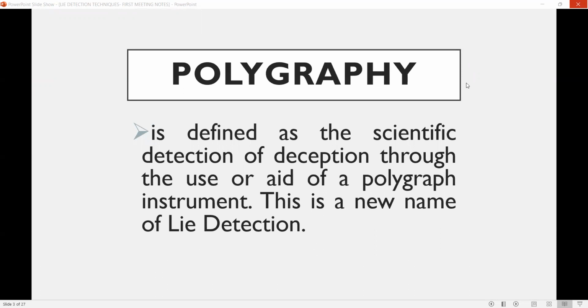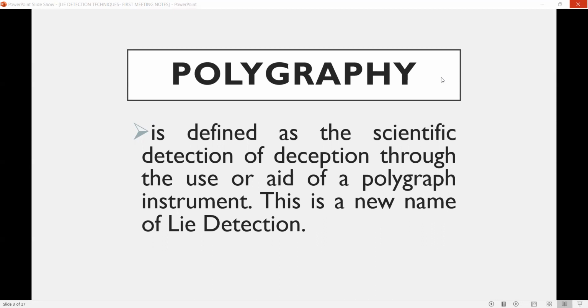So what is polygraphy? Polygraphy is defined as the scientific detection of deception through the use or aid of a polygraph instrument. And also polygraphy, this is a new name of lie detection.